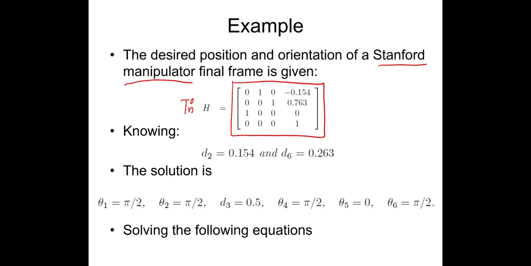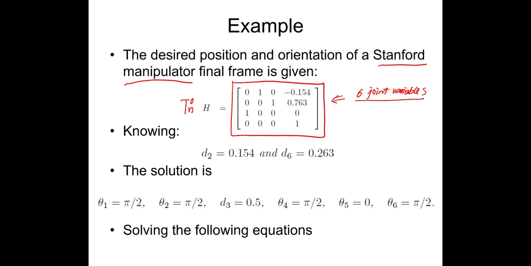And then the question is, what should be the six joint variables? If we know the six joint variables, we can achieve this desired orientation and position, and we're all set, meaning we're able to use Arduino to control these six joints, either motors or linear actuators.